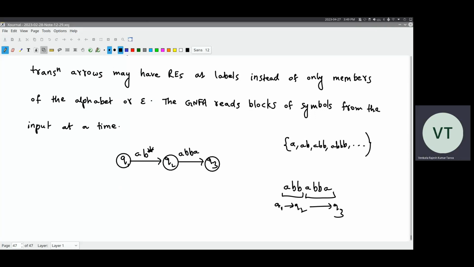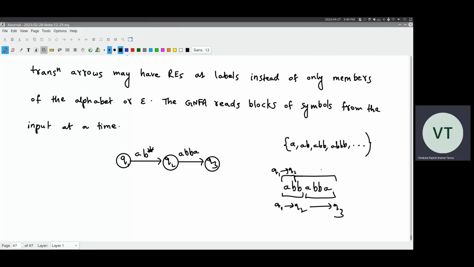Now, it may split in some other way also. If it splits like this, then it goes from Q1 to Q2, but from here it won't go from Q2 to Q3, because it should be ABBA only.